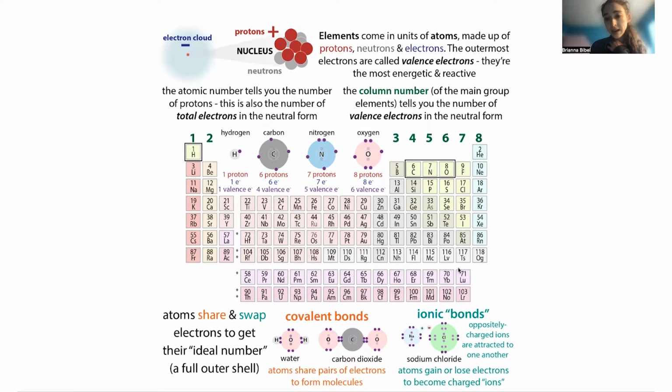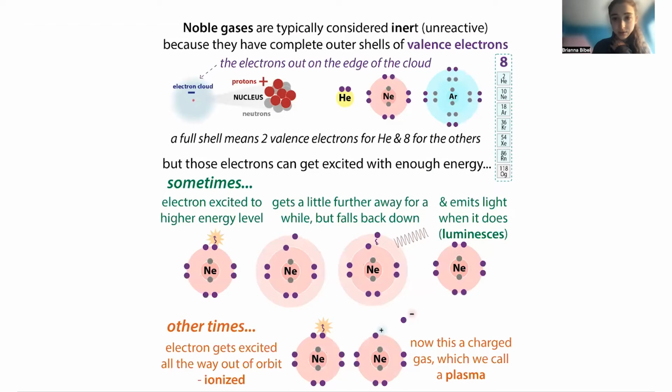But when you go within a column, what happens is that you're actually keeping steady the number of valence electrons. Valence electrons are the electrons on the outermost shell. Why we care about these valence electrons so much is that they're going to be the most reactive because they're farthest from the pull of the protons.